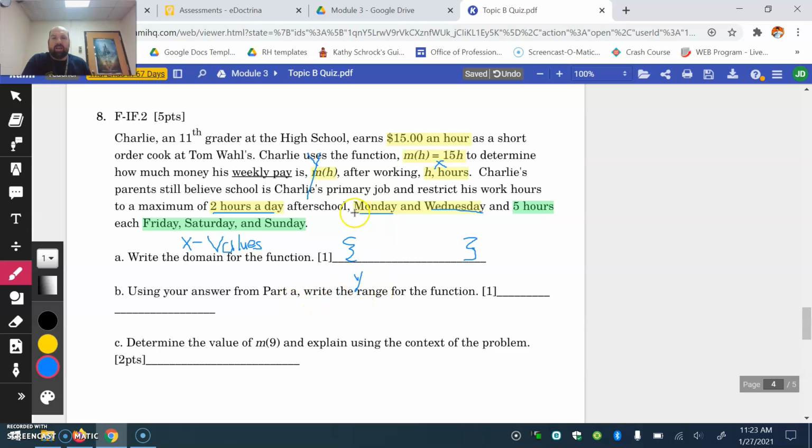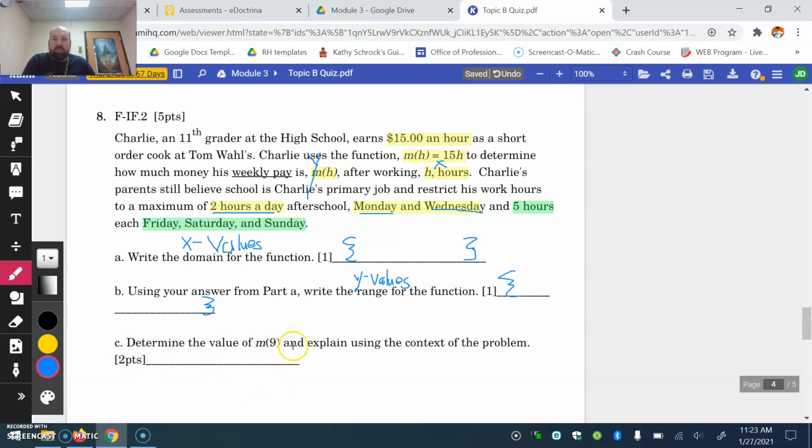Remember, that's the y values or the m of h y values of the function. And again, use your curly bracket and list them all. I will tell you, Charlie cannot work an infinite number of hours. So if you've got infinity in your answer, you are wrong.